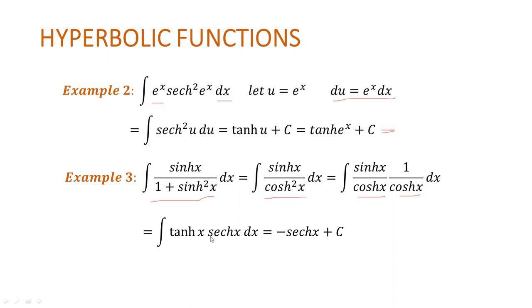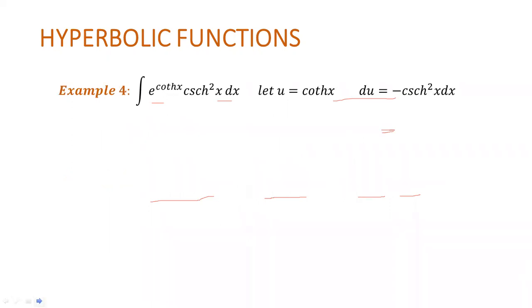So we have the hyperbolic tangent of x here, and the hyperbolic secant of x here, which will yield an integral which is the negative of the hyperbolic secant of x. So all we need to go back to are the basic formulas for integrating hyperbolic functions.